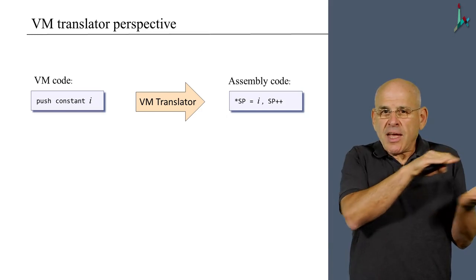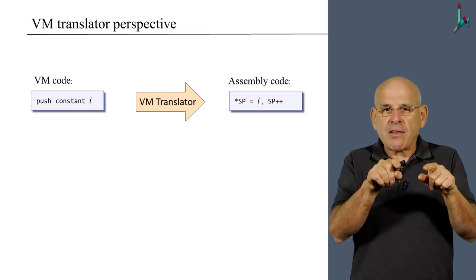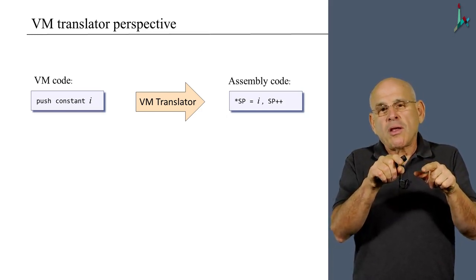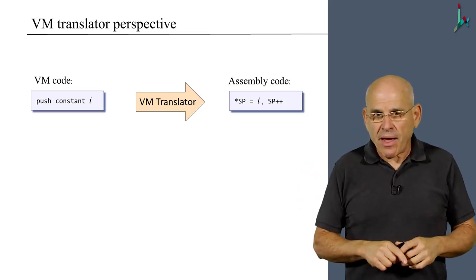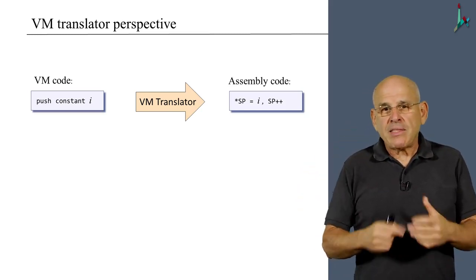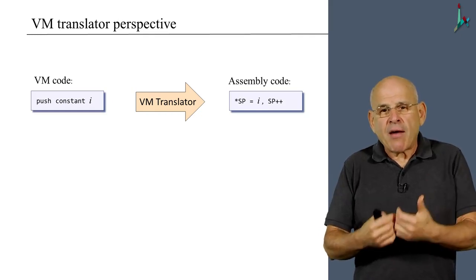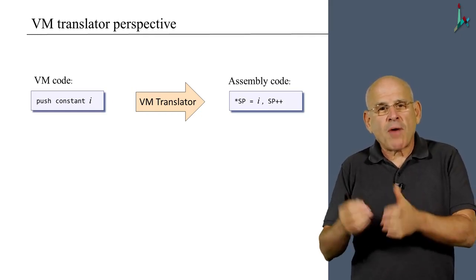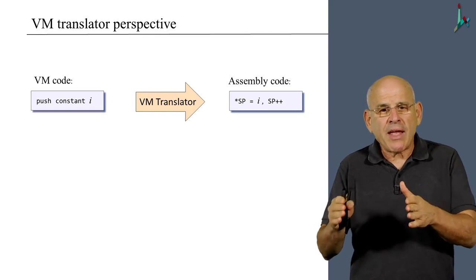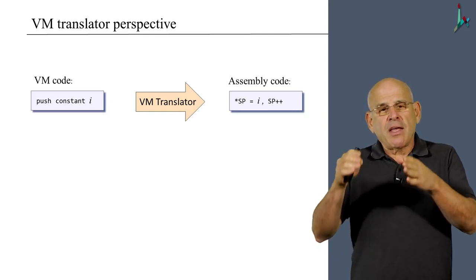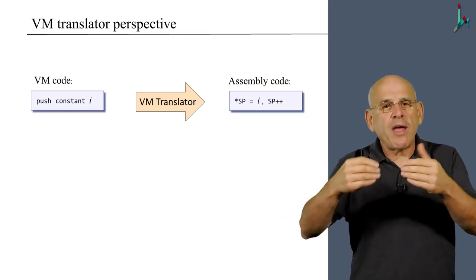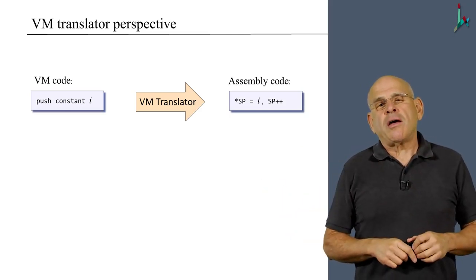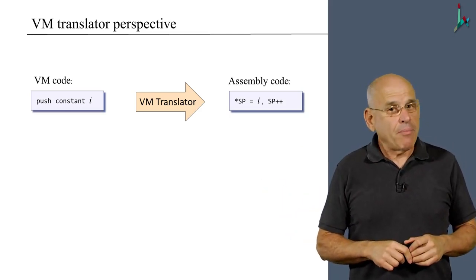And given this input command, your VM translator is going to re-express it using several assembly commands that basically carry out the semantics which is described on the right-hand side. So on the right-hand side, we have the semantics *SP = i followed by SP++, and you have to express this semantics in assembly.